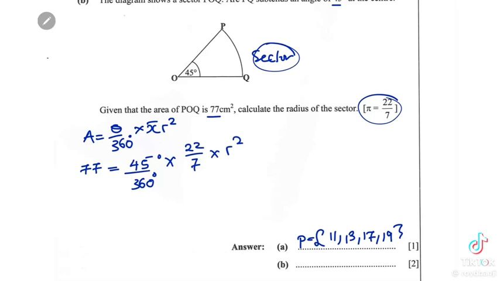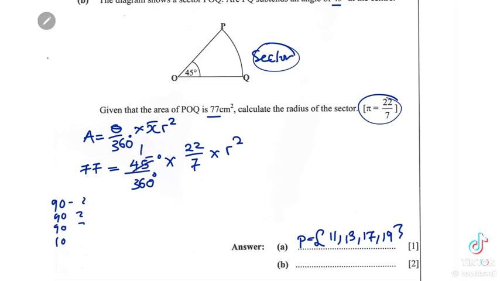So we are finding the radius. Your strategy should be to reduce these numbers to the lowest form. Otherwise, if you multiply to find big numbers, it will be very difficult for you to work with them. So how do you reduce? I can start by cancelling out. 45 can go into 360. You know that 360 is 90, 90, 90, 90, so this goes 2, 2, 2.